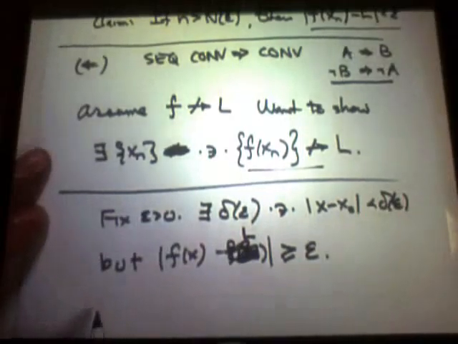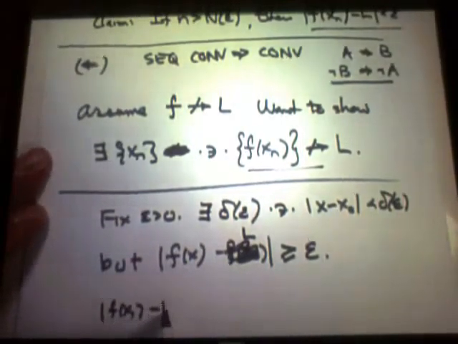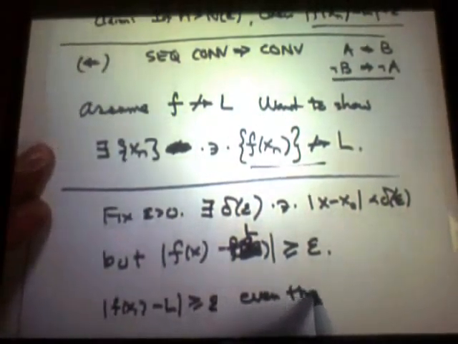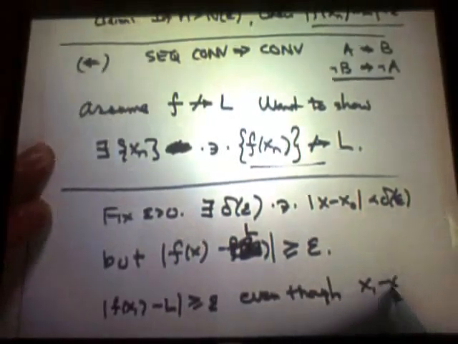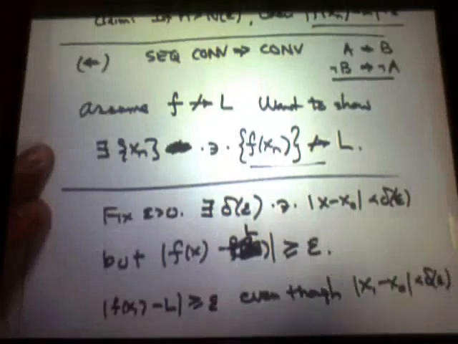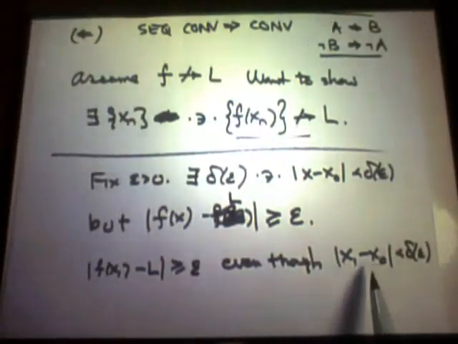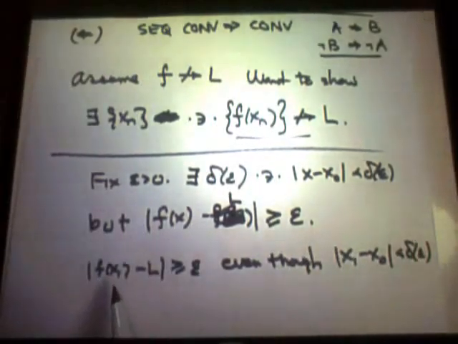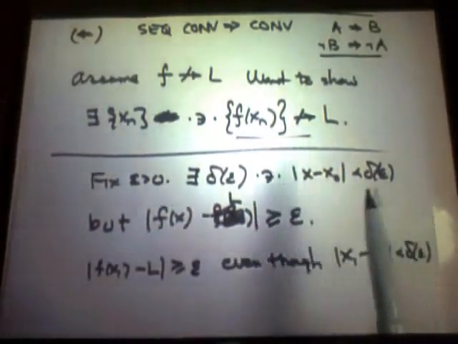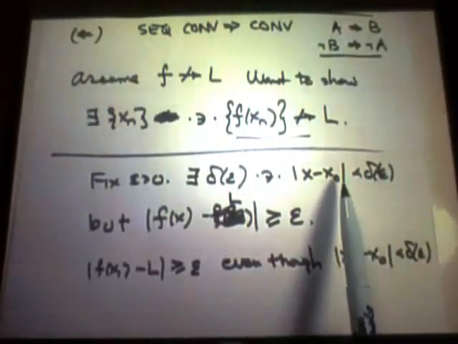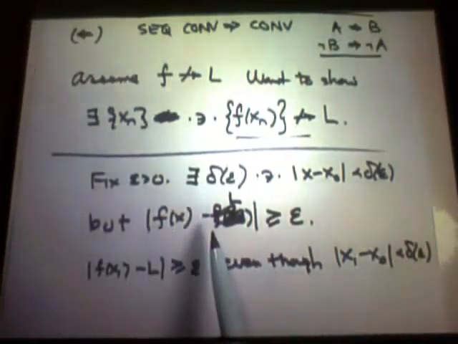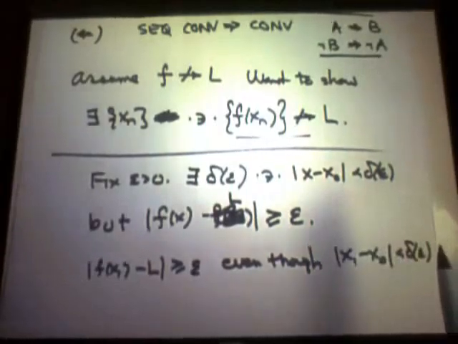However, the absolute value of f of x1 minus L is greater than epsilon, even though x1 minus x naught is less than delta. So I'm close here in the x's, but for some reason I'm being pushed away from the limit over here because the original thing doesn't converge. I can still be close in x's, but far away, relatively, in corresponding function value, right?